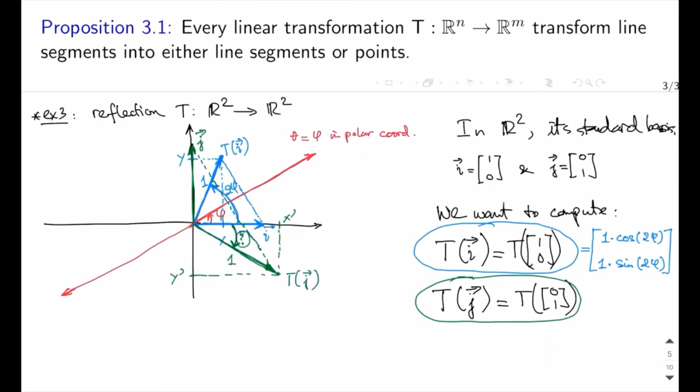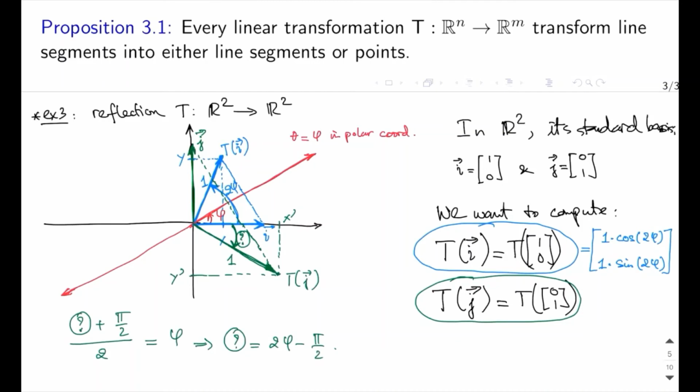Because we know that the vector T of j and the vector j are symmetric across the red line, the average of the question mark with the angle of j, which is pi over 2, has to be the line that is in the middle of them. So that is going to be phi. And from here, you can easily solve for the question mark being 2 phi minus pi over 2.